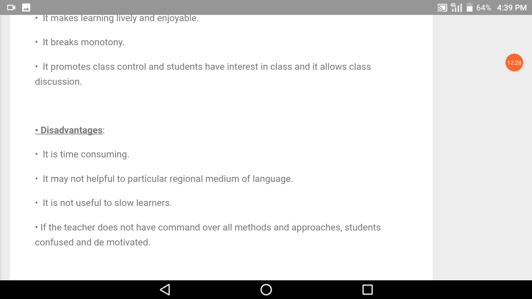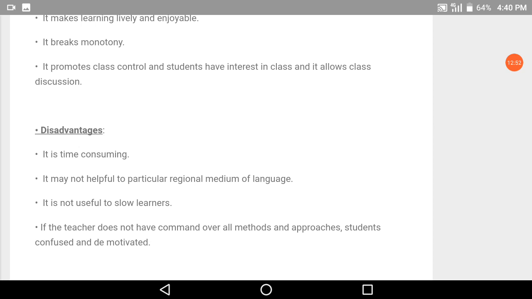If I choose the translation method but I don't know how to translate any word or any specific phrase, my students will be demotivated and will not get the proper answer.